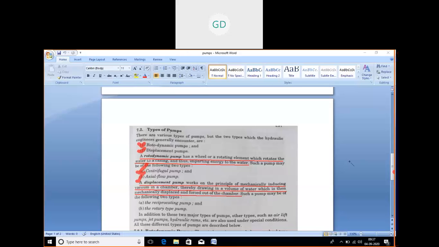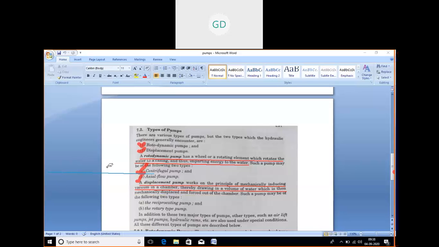That means a displacement pump creates vacuum in its chamber, draws water, and then the water is mechanically displaced and forced out of the chamber.